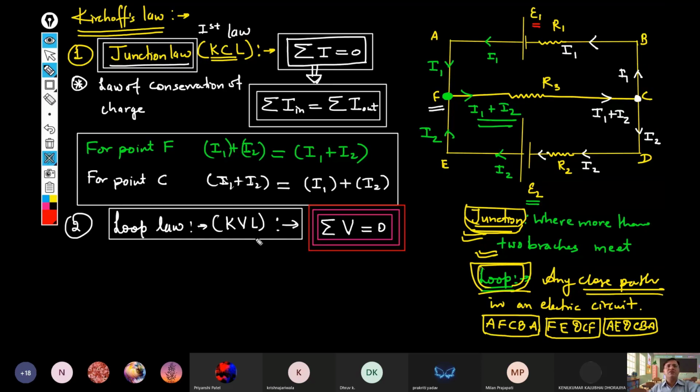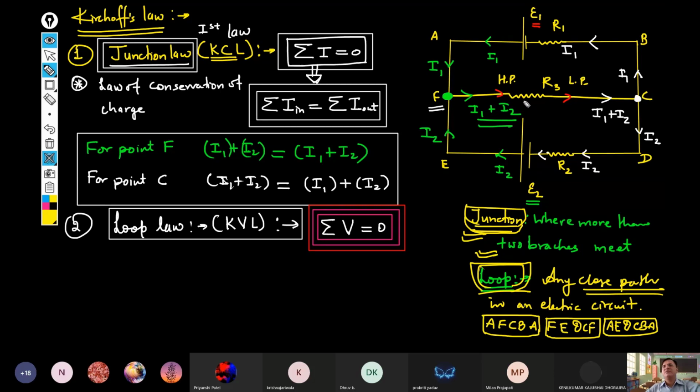Okay, now to understand this, we need some sign convention. What is the sign convention? If I see this branch F to C, current always flows from higher potential to lower potential.